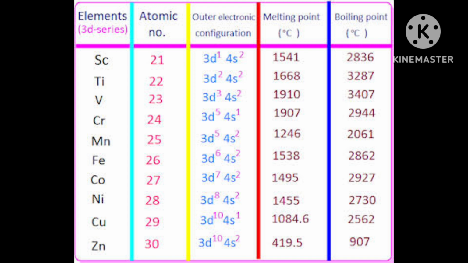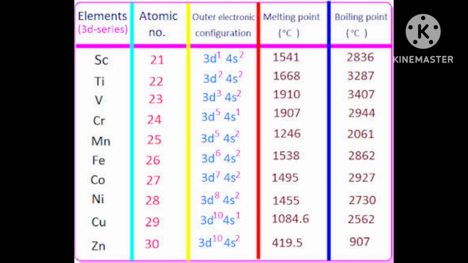CCP means cubic close packed lattice: first C means cubic, second C means close, P means packed. And X, I will use the term X, to mean a typical metal structure.